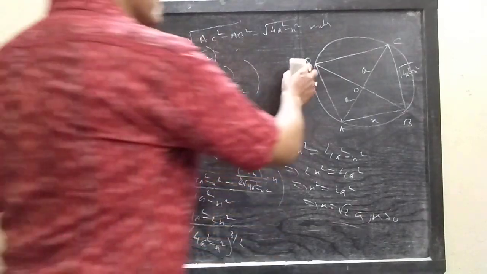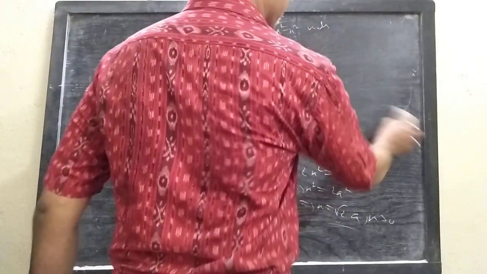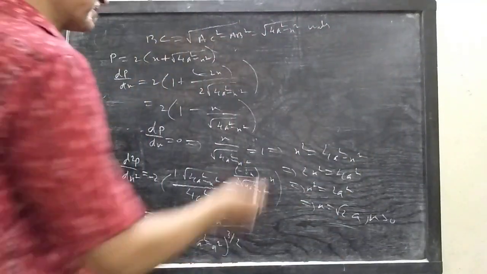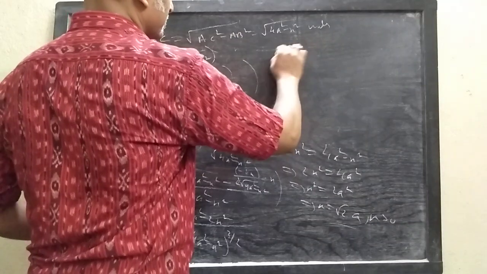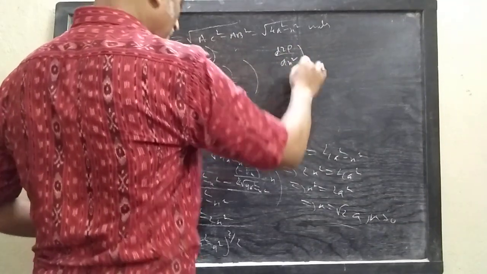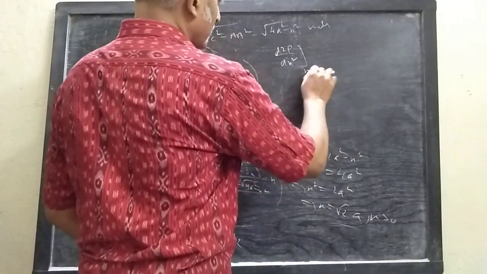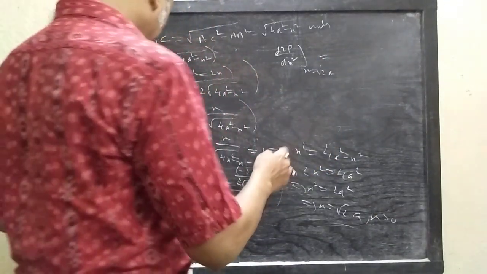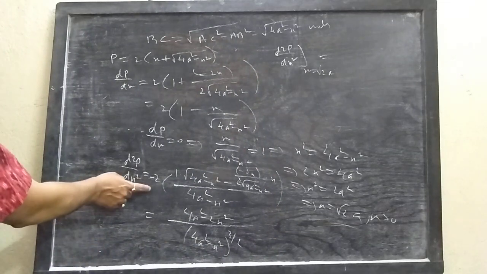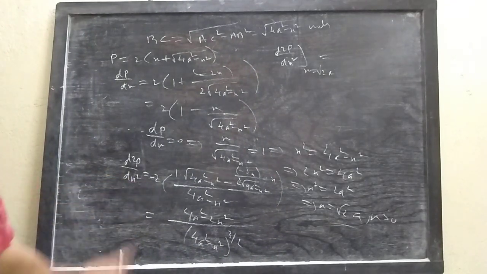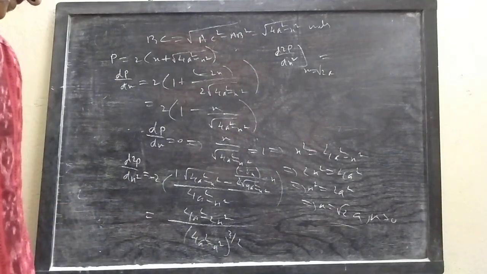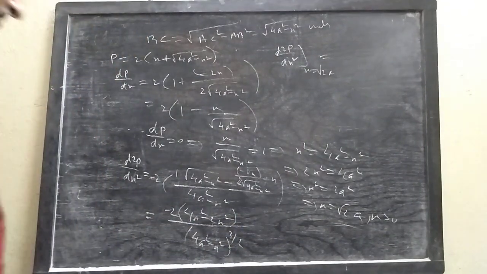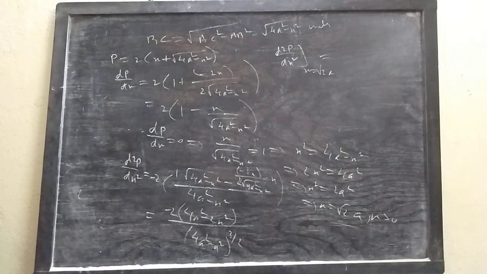Let us erase our diagram. d2P/dx2 at x equals root 2 a. Here it was minus, this was minus 2, we had forgotten it.